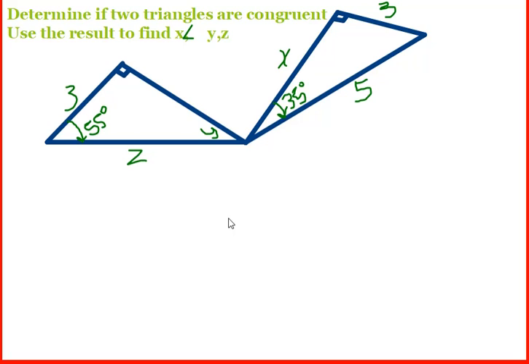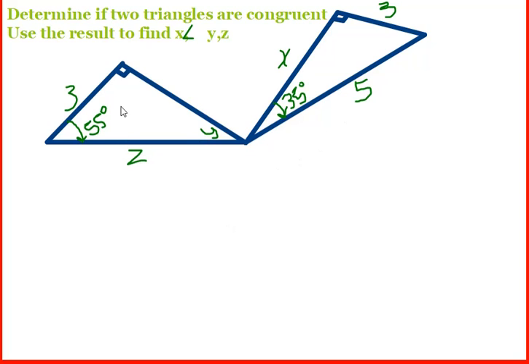So if you recall from our previous video, we said there were 4 conditions to congruency. The first one was the 90-degree hypotenuse and side condition. The other one was the side, side, side. The other one was the side, angle, side, and the angle has to be included. The other one was the angle, angle, side.